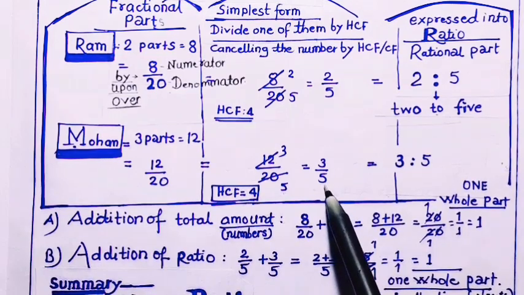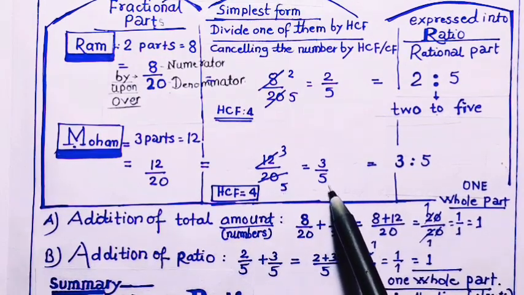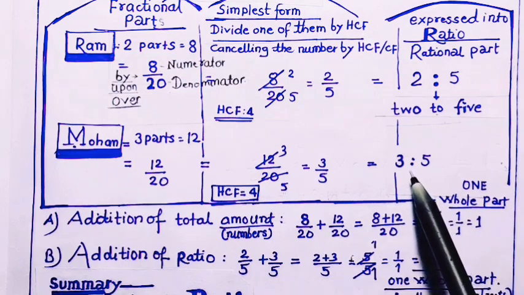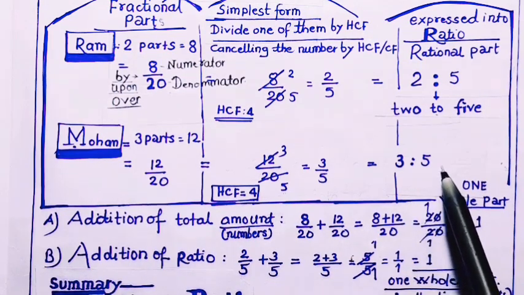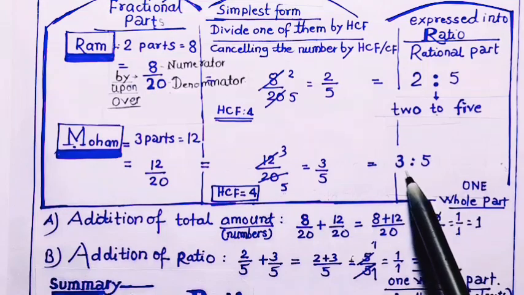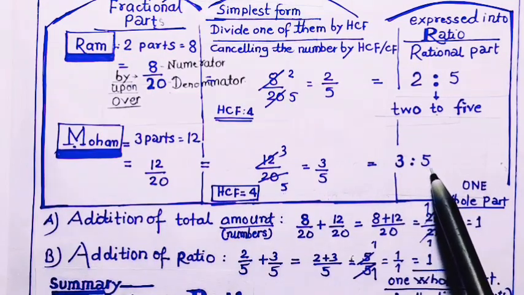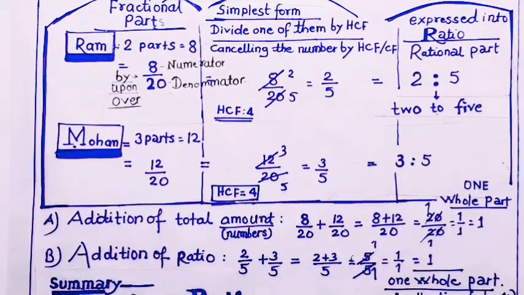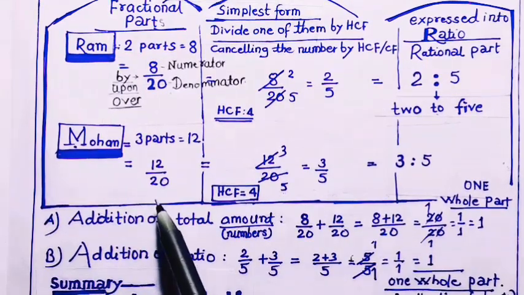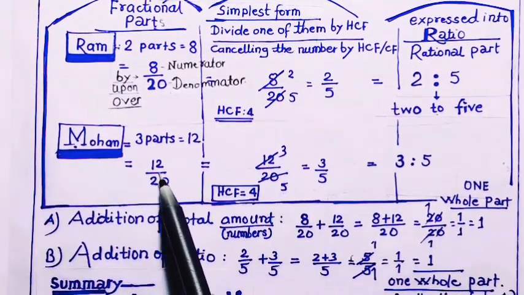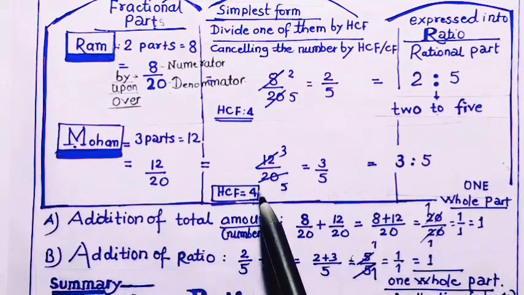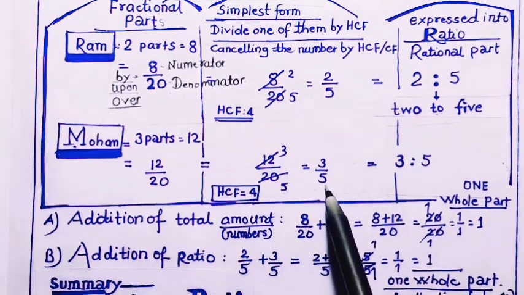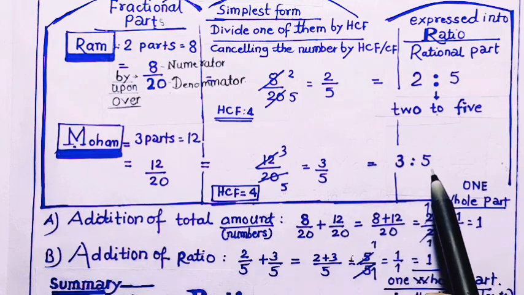When these numbers are expressed as a ratio, it will be written as 3 to 5. So 12 by 20 is the fractional part, 3 by 5 is the simplest form, and 3 to 5 is the number of ratio.